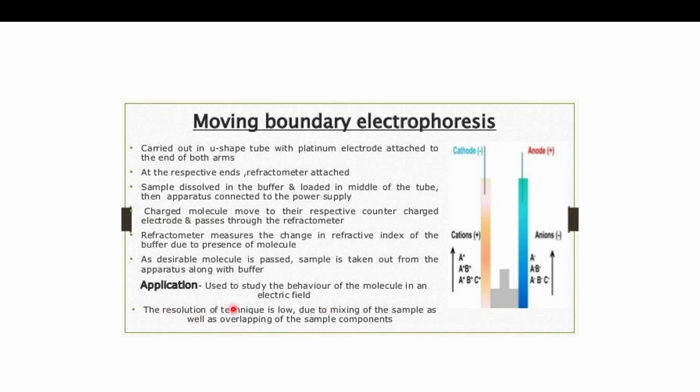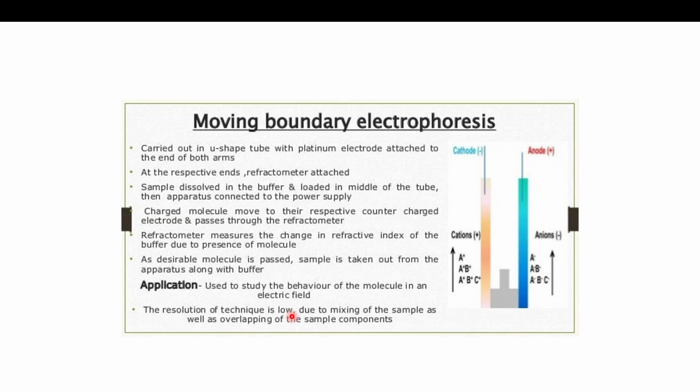But the resolution of this particular technique is very low, because from here only, things are passing towards this electrode as well as this electrode. So there is mixing of the sample. Suppose there are multiple samples you need to study; there is no separation between the samples, and the resolution is very low because there will be intermixing.